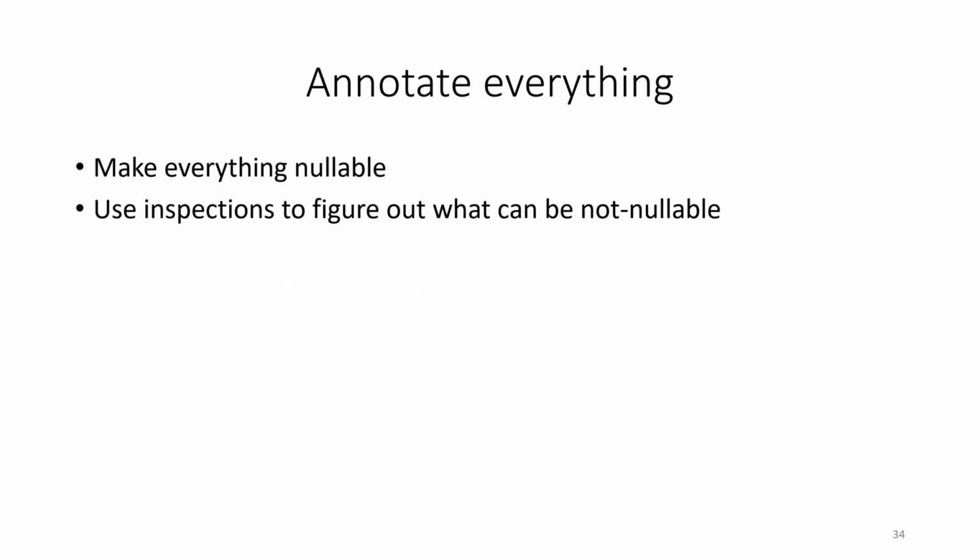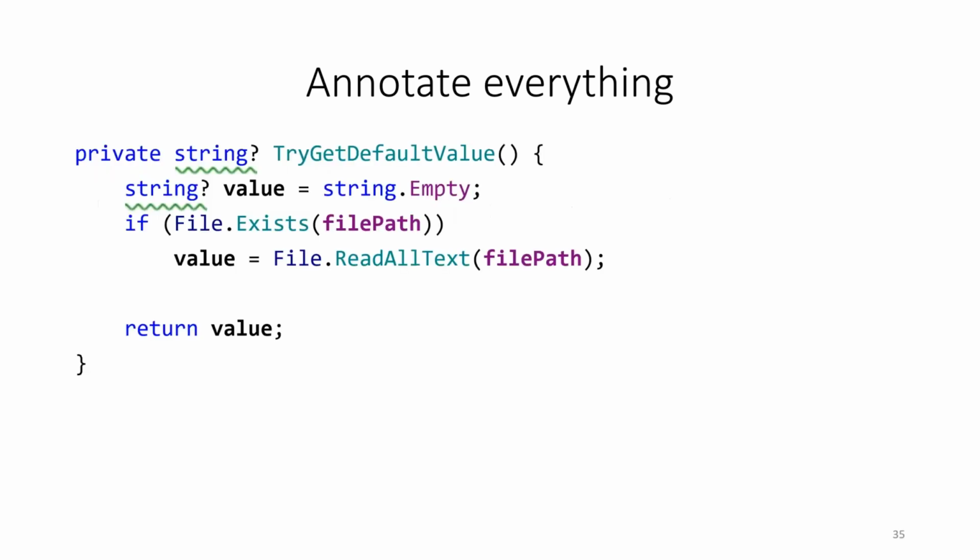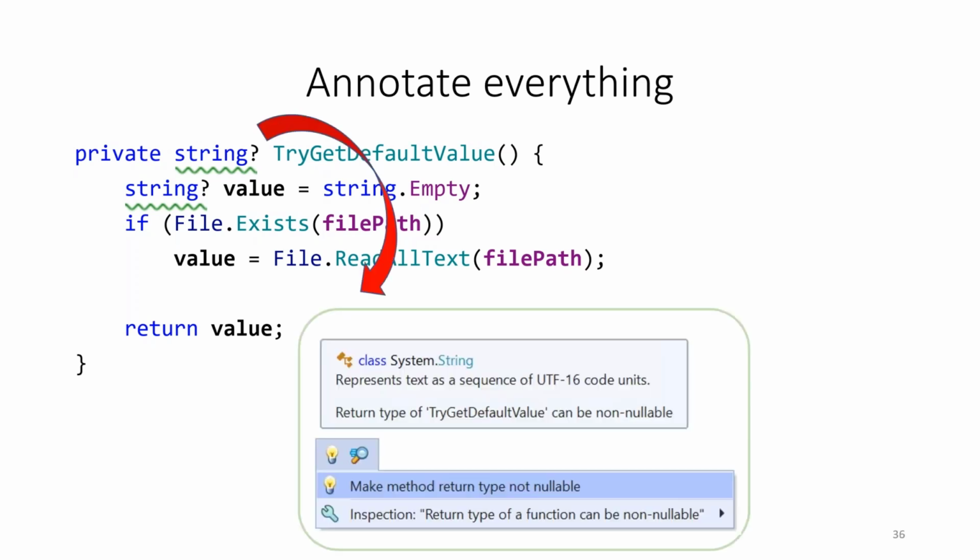Alternatively, if you aren't using them, you can make everything nullable and use inspections to figure out what can be safely declared as not nullable. For example, here I have a method that returns either an empty string or some file content, and neither an empty string nor the file's content are nullable. So it's safe to say that this method actually never returns null.